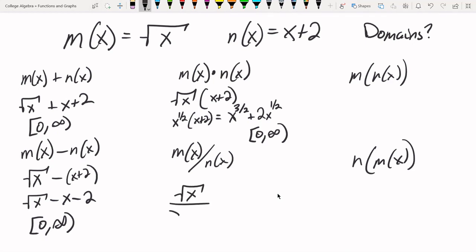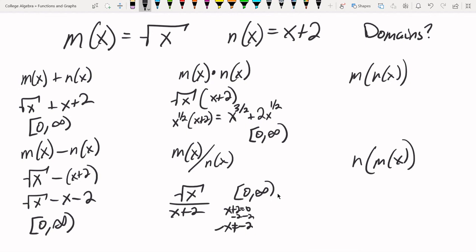Okay, the next one, square root of x over x plus 2. There's really nothing else we can do here. Now this one has two things we must consider. We have the square root of x, which we know has 0 to infinity as the domain, and x plus 2 in the denominator, which means we must exclude when x plus 2 equals 0. Subtract 2 and we get x equal to -2. x cannot equal -2.